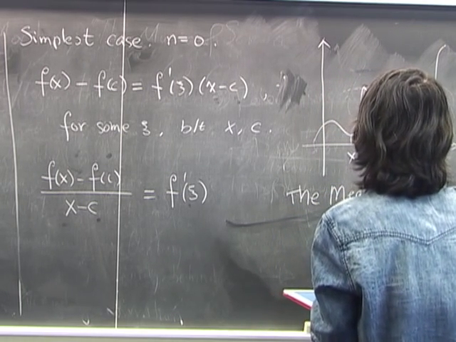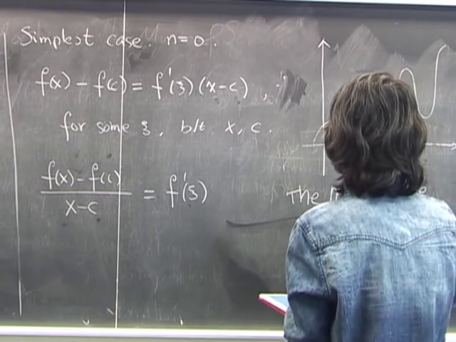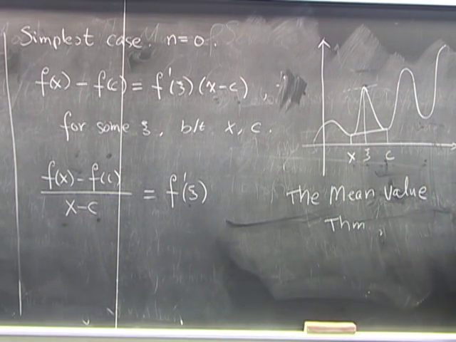Nothing mean about it, but okay, that is actually Taylor's theorem when n equals 0. Now, if you put n equals 1 or 2, it's harder to draw a graph and see what happens, okay? But here it's very clear for n equals 0. Okay. Is that okay?